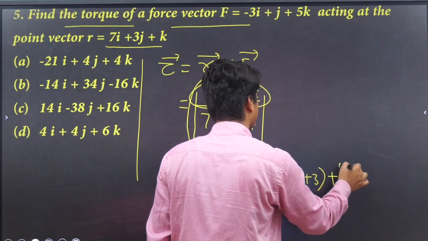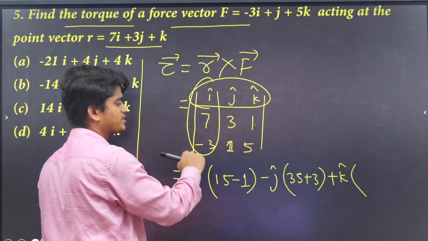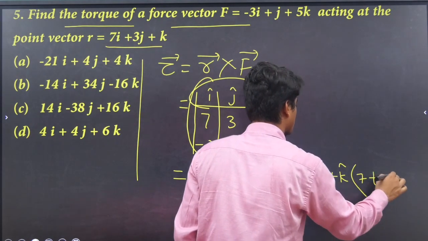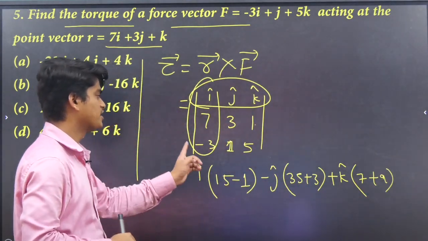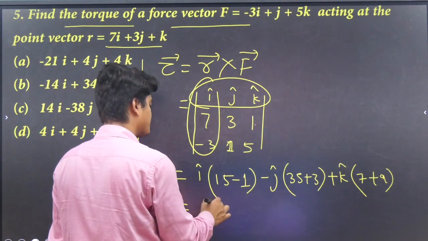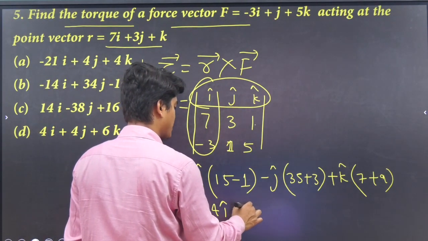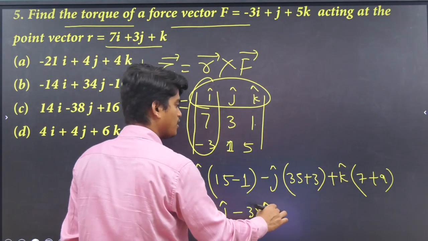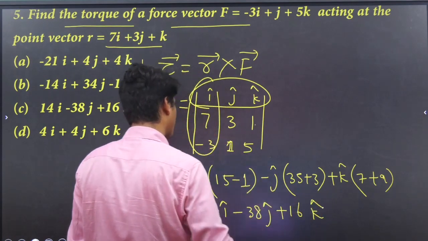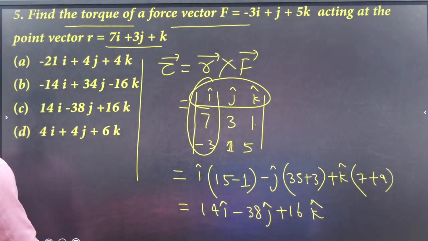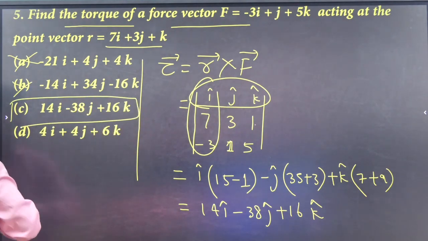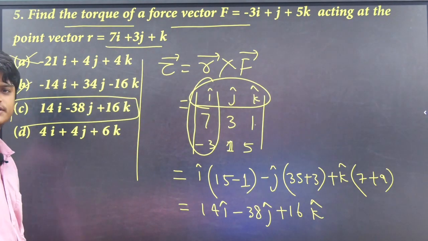Then plus K: 7 into 1, 7, minus of minus 3 into 3 is plus 9, so 7 plus 9. Now you see it is 14I minus 38J plus 16K. Now check your options. This cannot be the answer. Here I think this is matching, 14I minus 38J plus 16K.